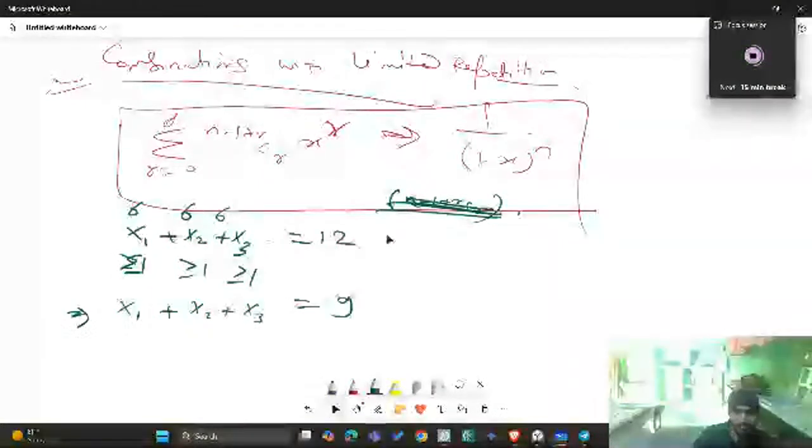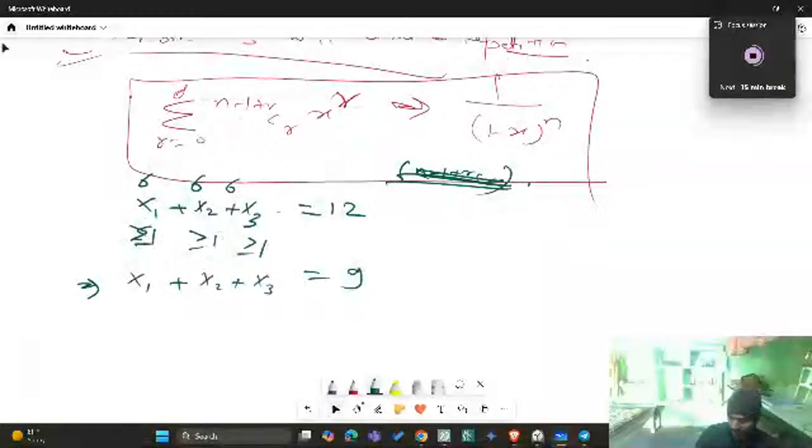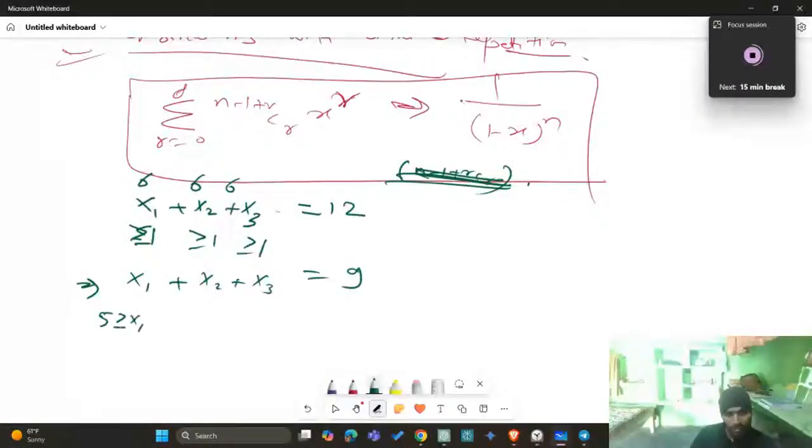We subtract the previous ones, and what we now do is this is the constant now, with i equal to 3.